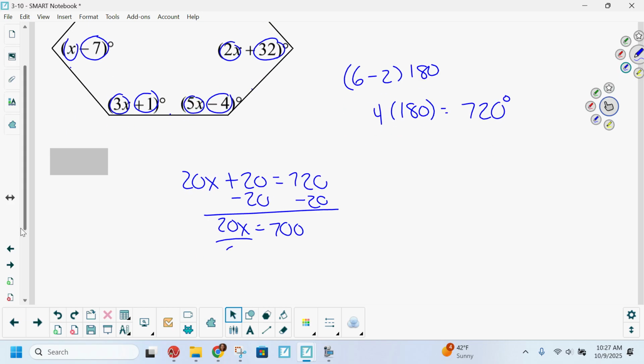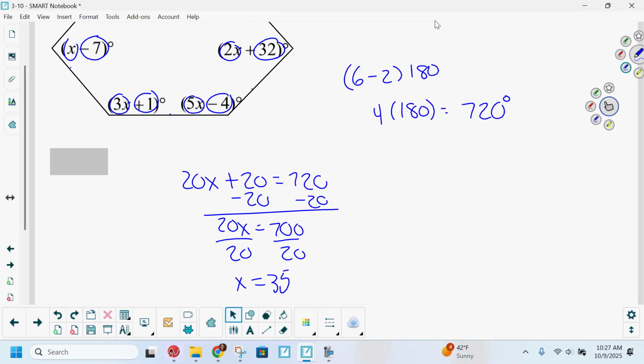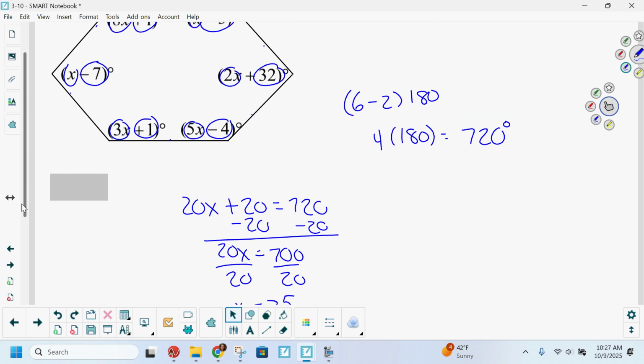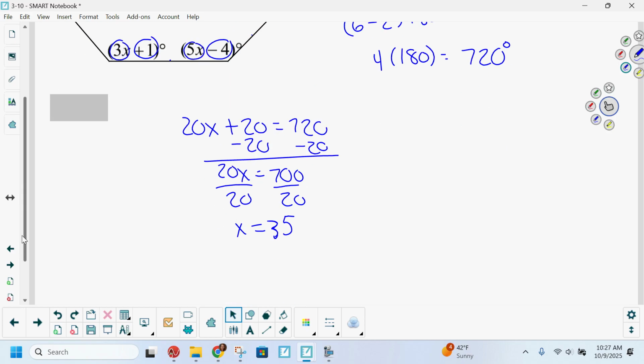Divide by 20. So we got 700 divided by 20, 35. So my x value is 35. I don't remember. Do they want me to find something else? Nope. I think they just want me to find x, so I'm good.